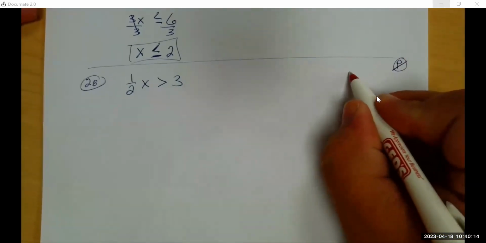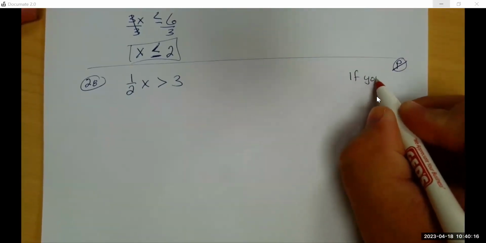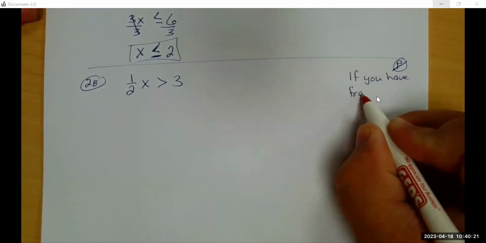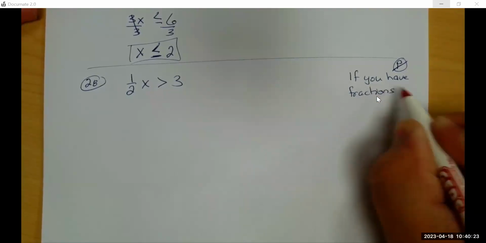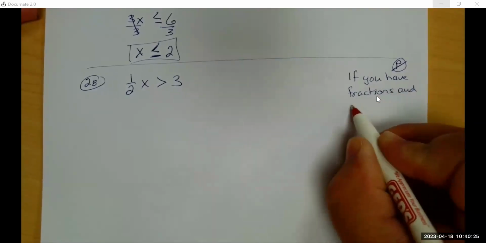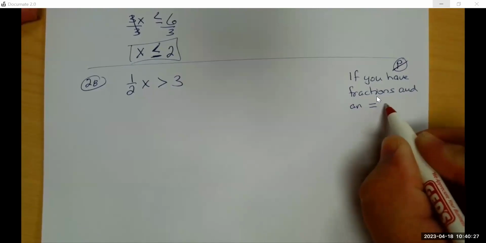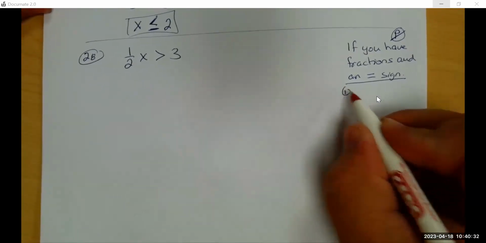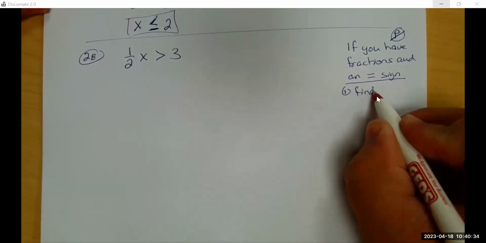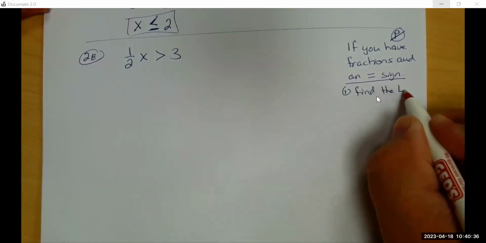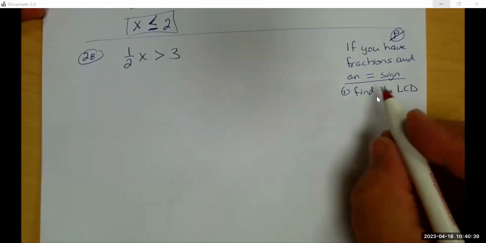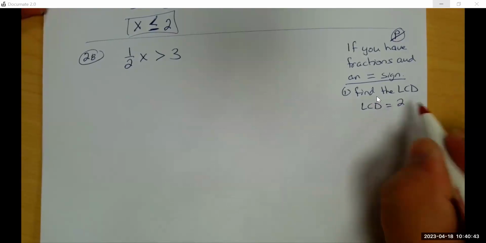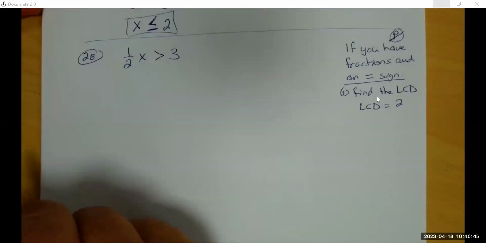So remember, if you have fractions and an equal sign, step 1, find the LCD. What's the LCD in this case? 2. The only denominator we have is 2.